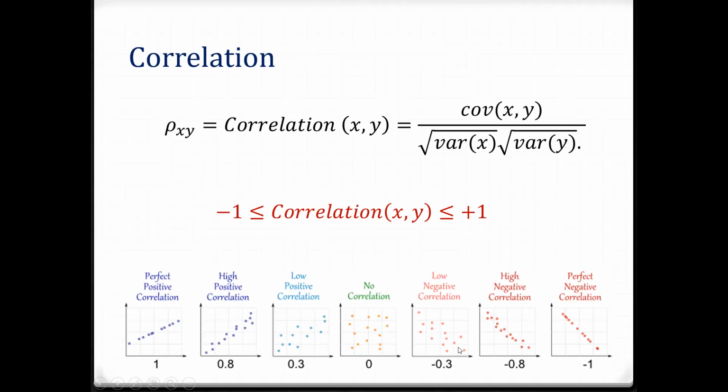But in this case we can go like this, but it has low correlation. So here is high negative correlation. If you take a line like this, then it will have the least distance from each point. So here is a perfect negative correlation. Whatever line of regression or good fit we take, it will pass through all the data points.